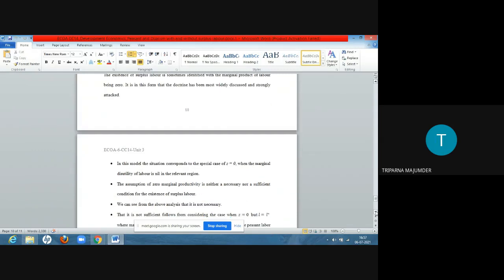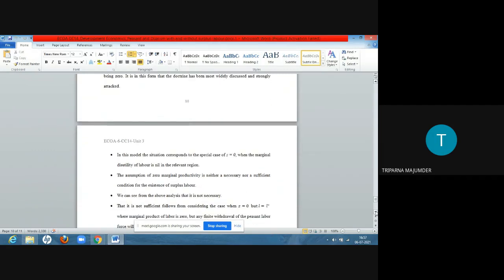In this model, the situation corresponds to a special case when, you remember, Q dashed L is equal to V dashed L is equal to Z. We had an equation like this when we had chosen some units to make UQ equal to 1.